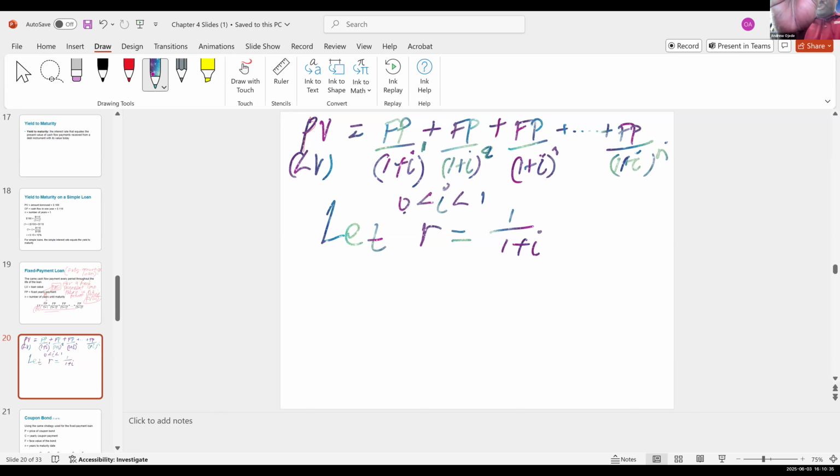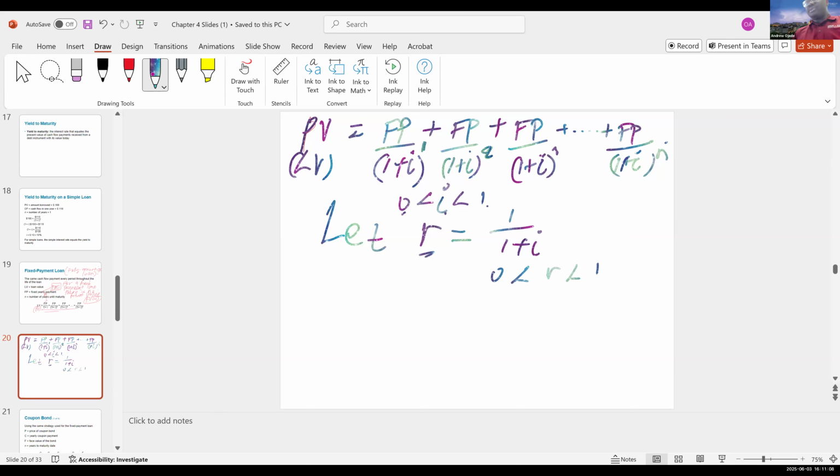If interest rate I lies between 0 and 1, you pick any number which lies between 0 and 1, like 1/2, 1/3, 1 over 7, 1 over 9. As long as that number is a proper fraction, if you take 1 over 1 plus that interest rate, then R is also going to be a number that lies between 0 and 1.